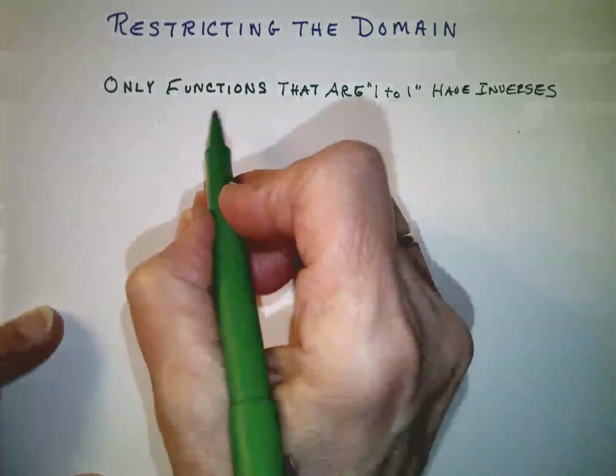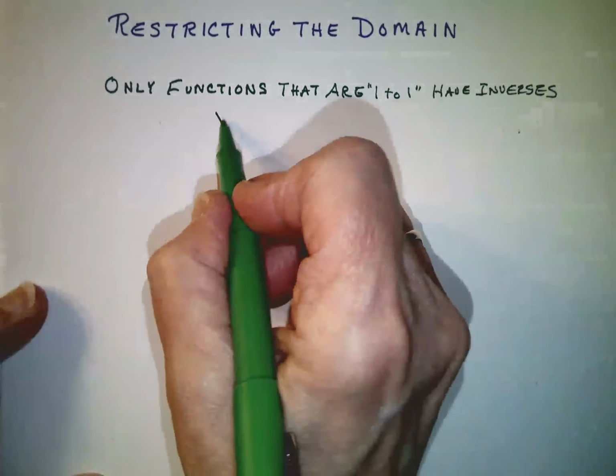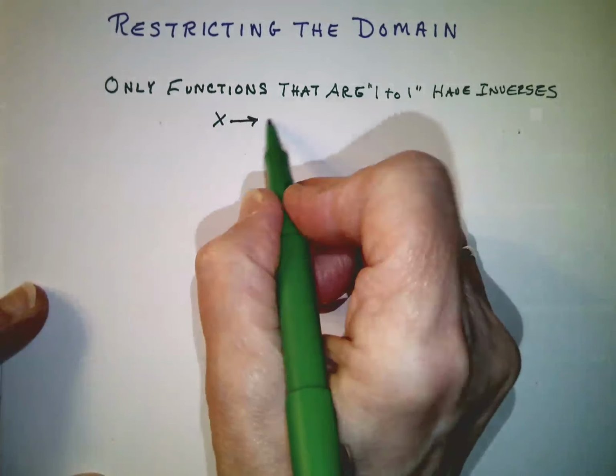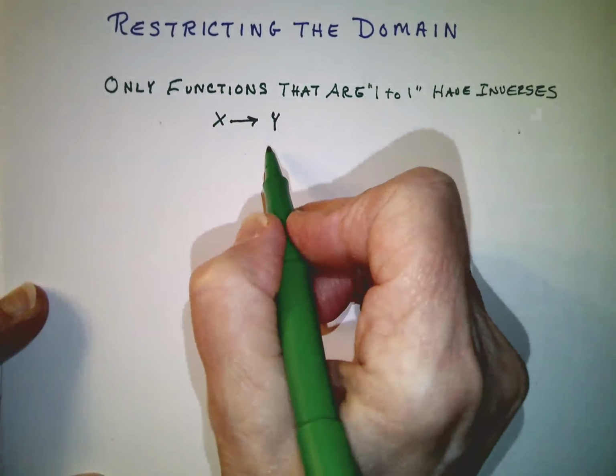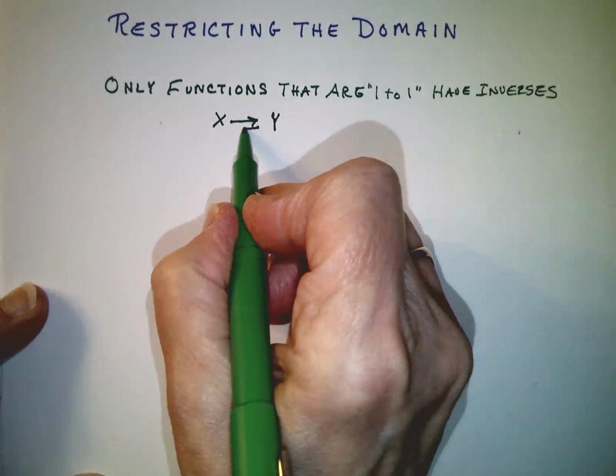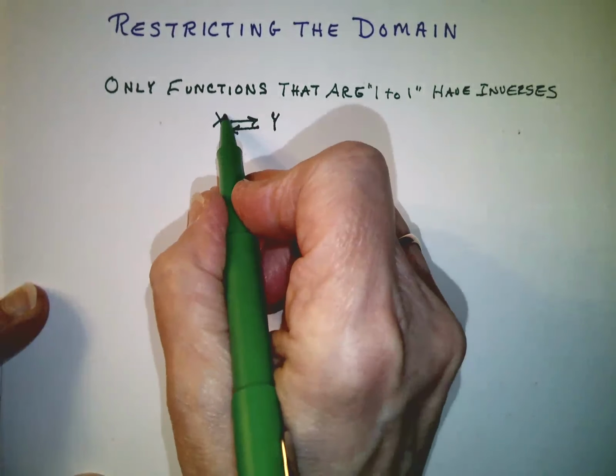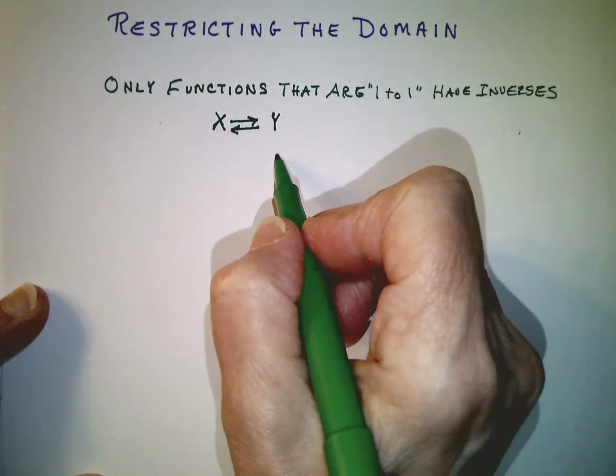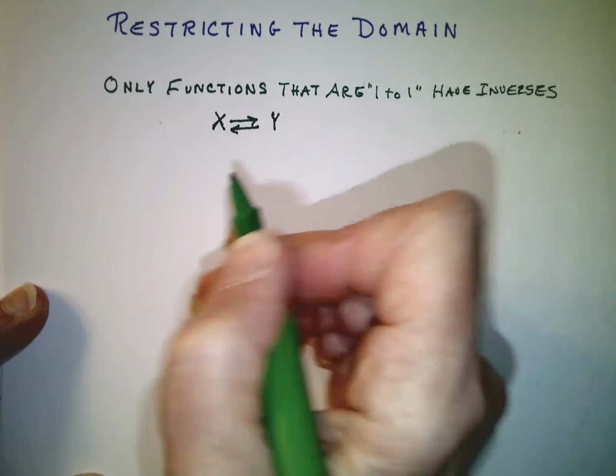So functions that are one-to-one means that each x maps to exactly one y, and each y goes back to exactly one x. No extras.